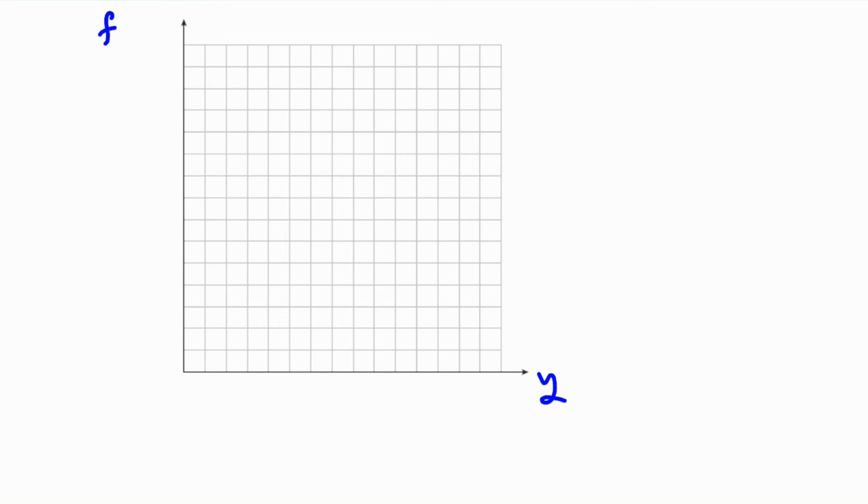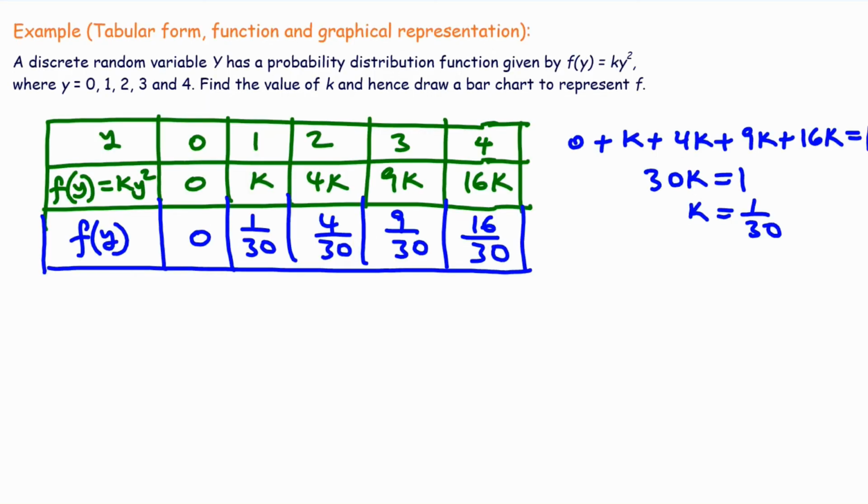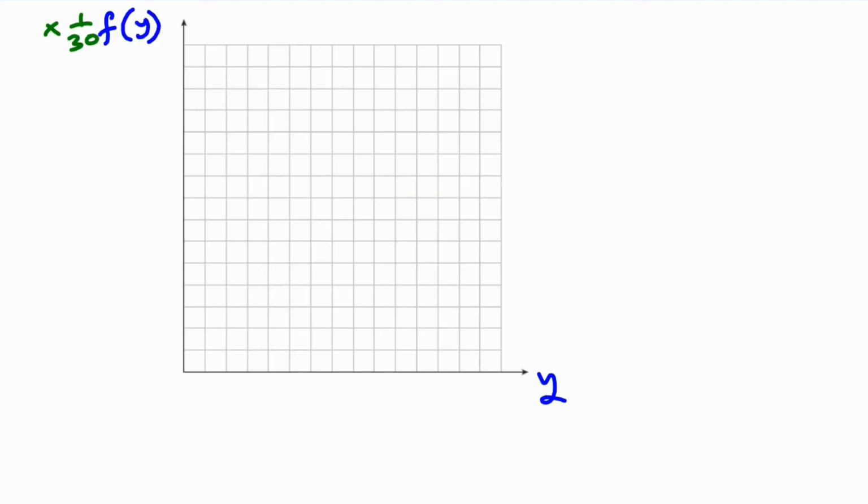I'm just going to add something here. Multiply this by 1 over 30 so that I can end up with integers on the y-axis. Because if you look at my table, I have 1 over 30, 4 over 30, so that would be difficult to graph. So I've multiplied the values by 30, that way I can use integers.